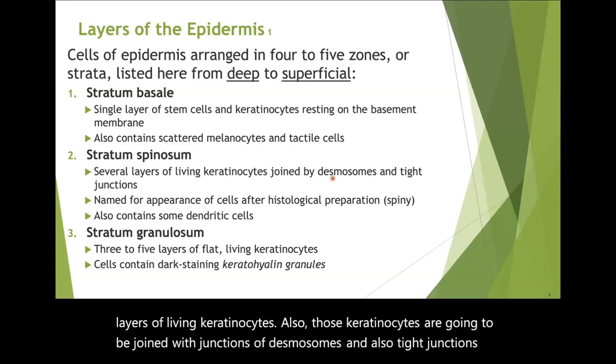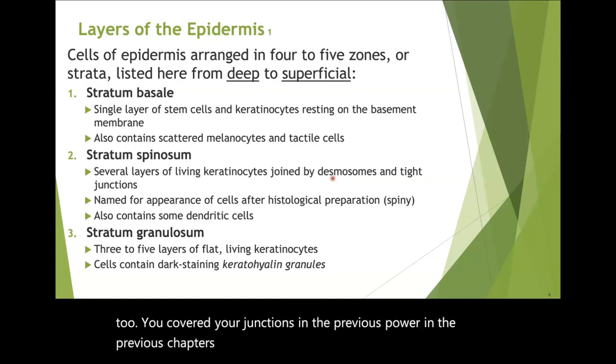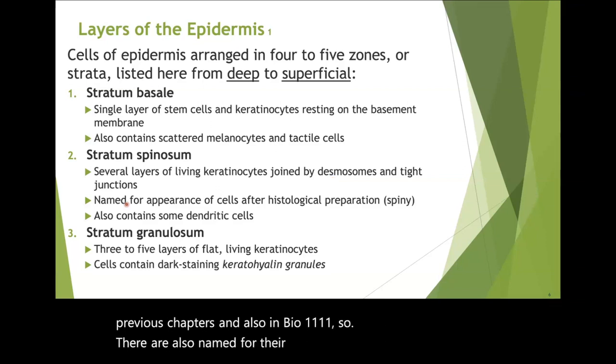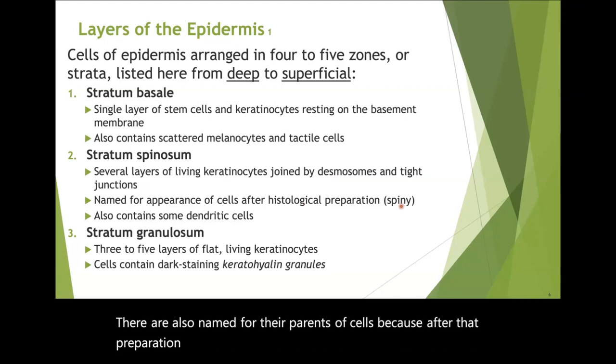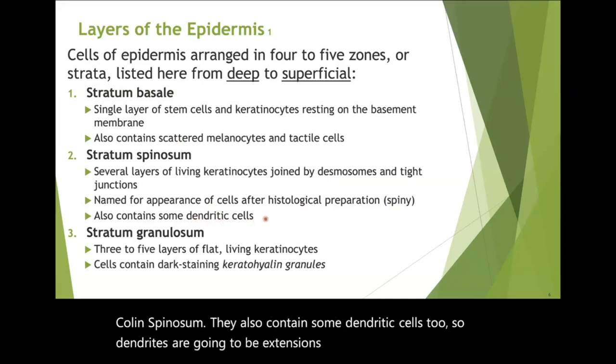You covered your junctions in the previous chapters, and also in Bio 1111. They're also named for their appearance, because after that preparation, they give this spiny appearance. That's why they call them spinosum. They also contain some dendritic cells too. So dendrites are going to be extensions of your nerve body.